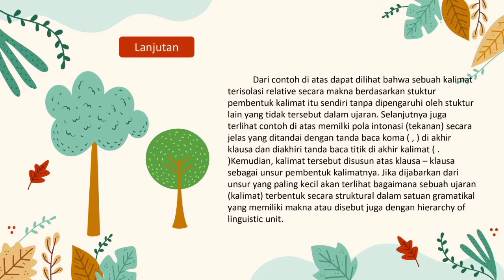Then, the sentence is composed of clauses as the building blocks of the sentence. If it is described from the smallest element, it will be seen how an utterance or sentence is structurally formed in grammatical units that have meaning, also called the hierarchy of linguistic units.